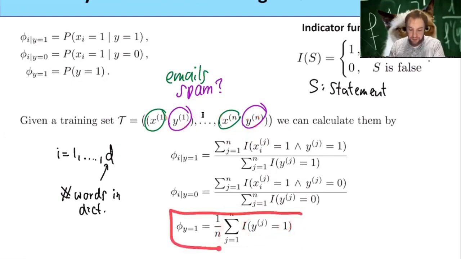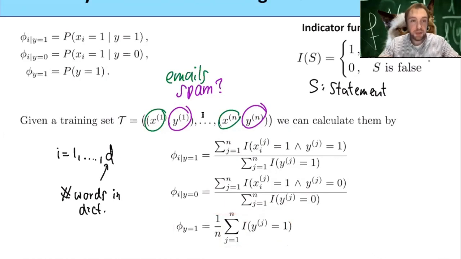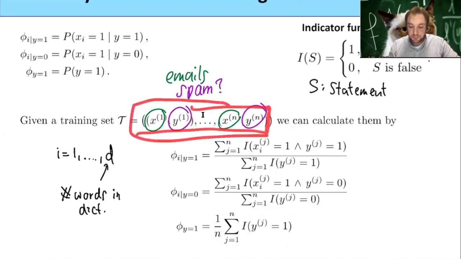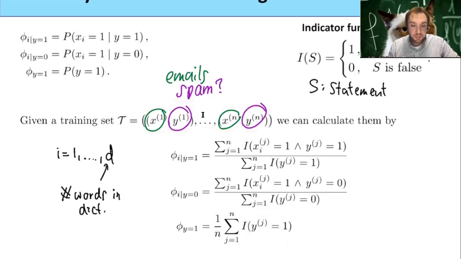Therefore, this gives the probability of something being a spam email. For example, if I have 10 training examples and 3 of them are spam, then this is just 30%. So the capital I is just the indicator function.